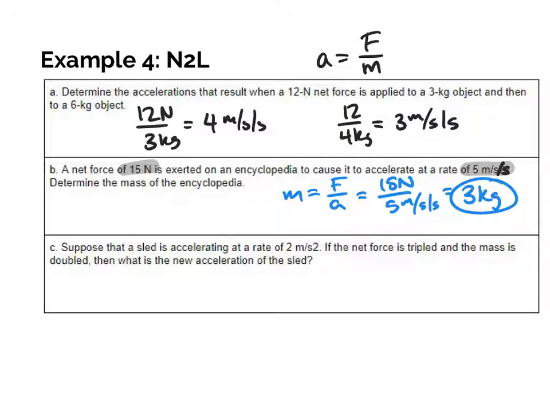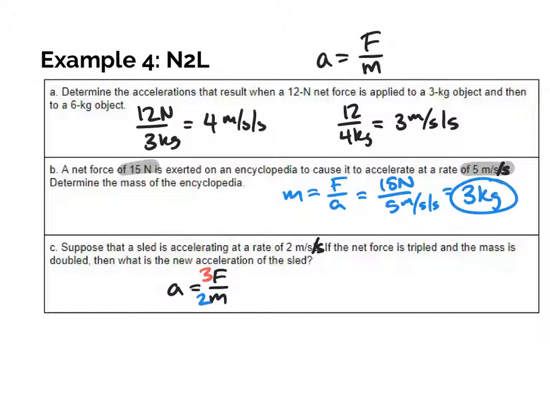Last one here: suppose the sled is accelerating at a rate of 2 meters per second squared. It says that the net force is tripled and the mass is doubled. What is the new acceleration of the sled? If we know it's accelerating at 2 meters per second squared, the acceleration is the ratio of force to mass. So if I triple the force, making that force 3 times bigger, and then double the mass, what effect would that have?